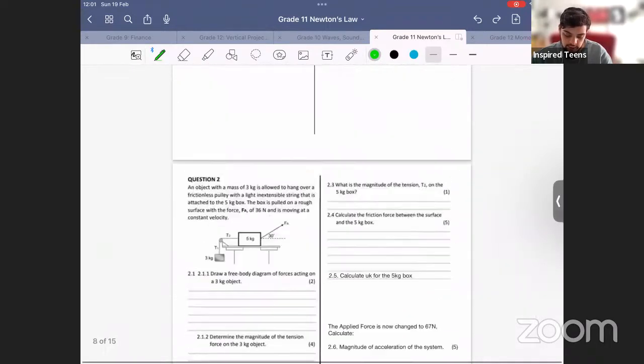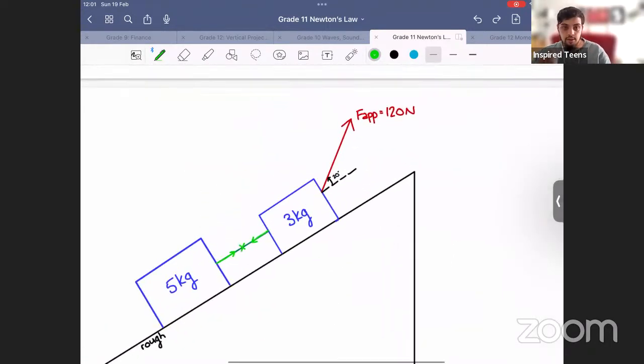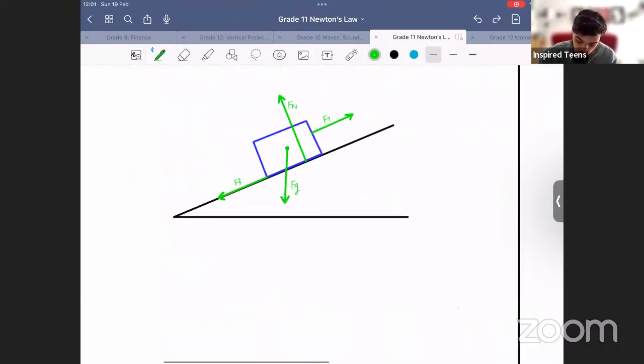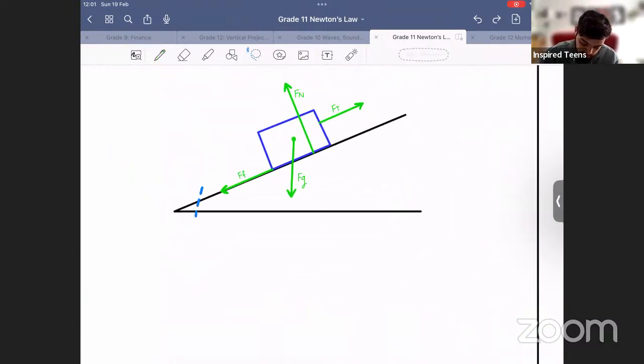Okay, so yes, let's do the 3 kg object. For those who need to leave, you may leave. For those that can stay, you may stay. I'm going to continue just to finish this up. It won't take too long, but if you need to leave, you may leave, and then you can watch it later. Okay, so let's do the 3 kg object.